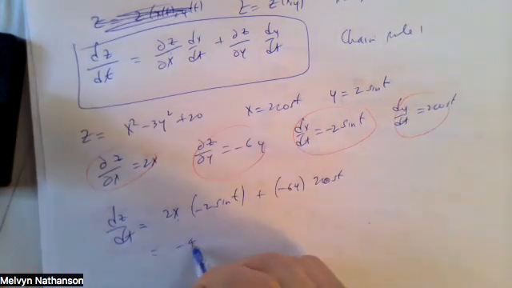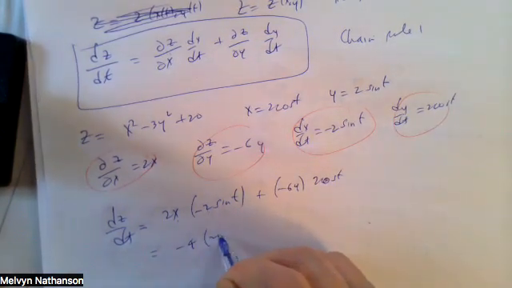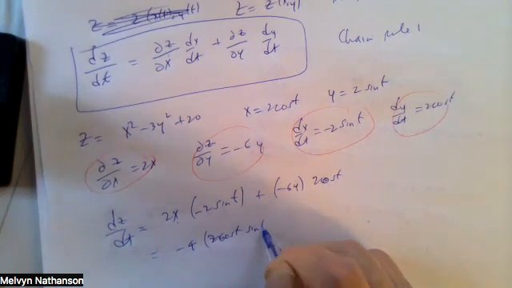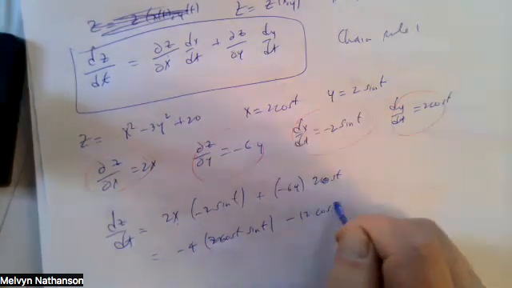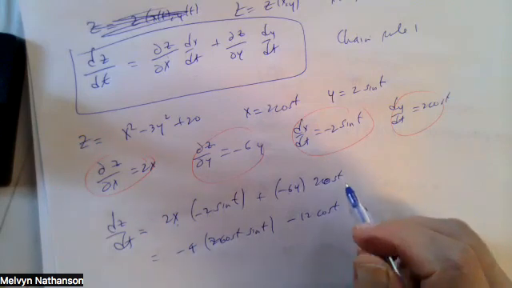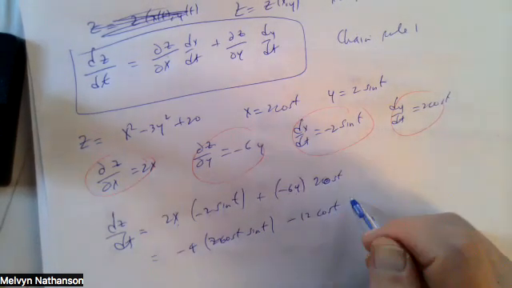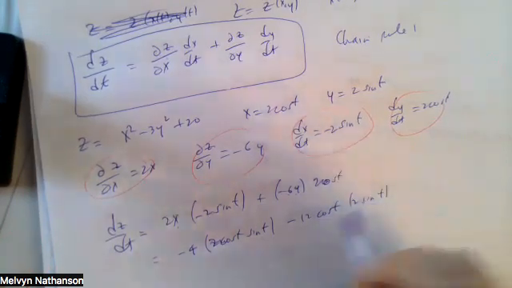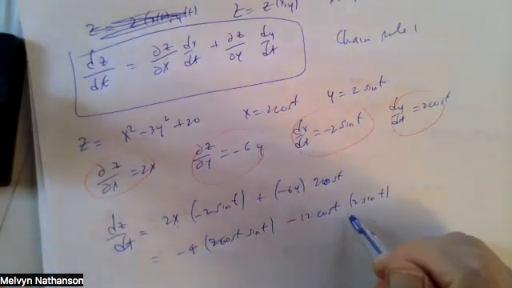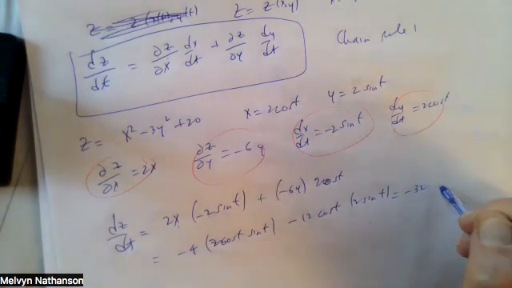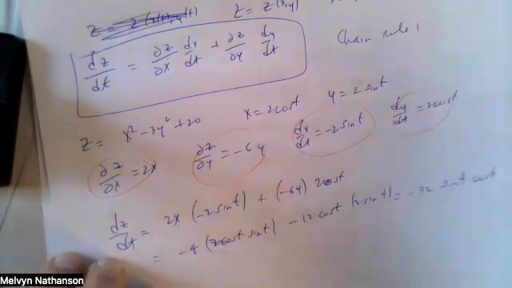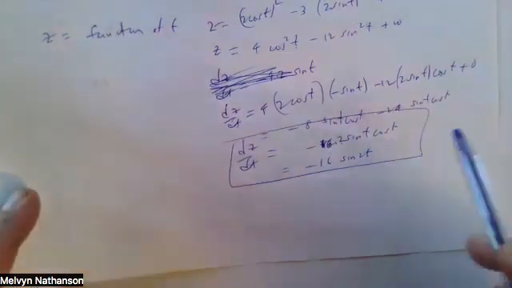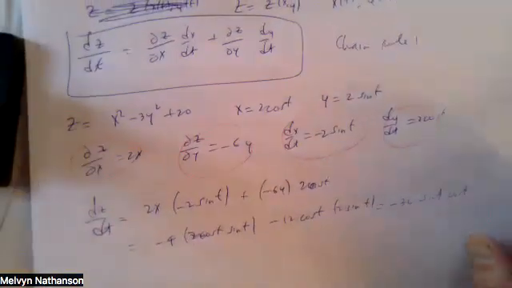So let me just write, this is minus 4x, which is 2 cosine t sine t, minus 6 times 2 is 12 cosine t times y, which is 2 sine t. So this is minus 8 minus 24 is minus 32 sine t cosine t, exactly what we had before.